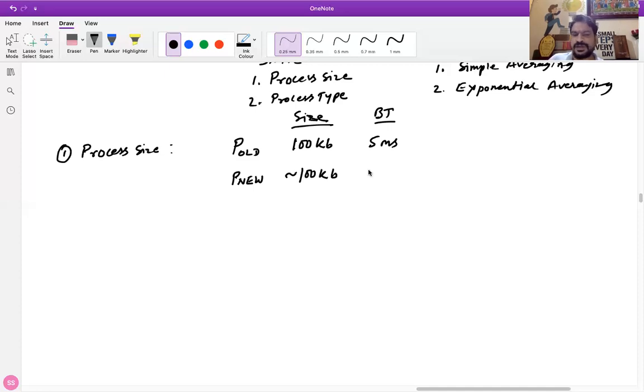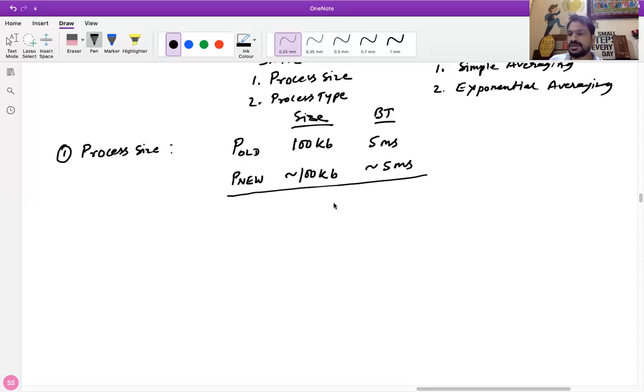So what this model tells us is that from the history, we find that an old process of 100 KB size takes 5 milliseconds of CPU time. So a new process of almost the same size can take almost 5 milliseconds of burst time. Okay.